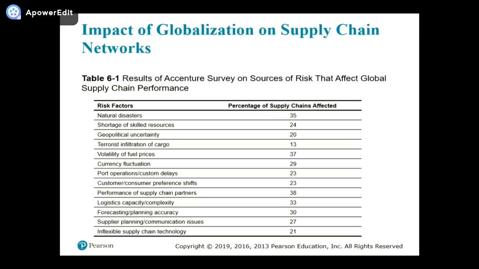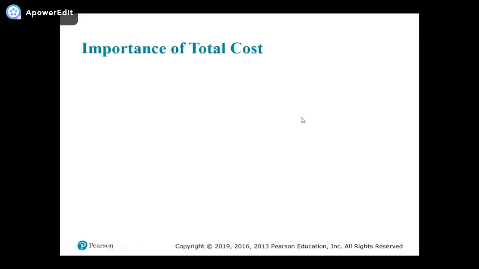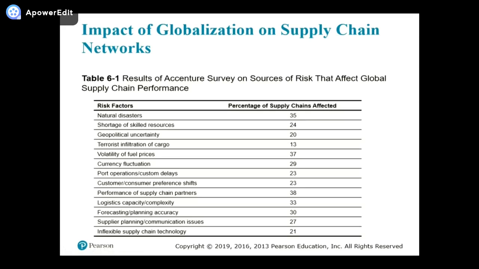The most notable one is natural disasters. We hear all kinds of stories about how hurricanes and flooding events have impacted supply chains of big companies very significantly.